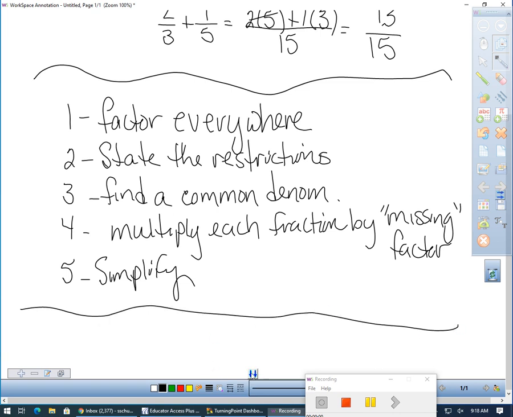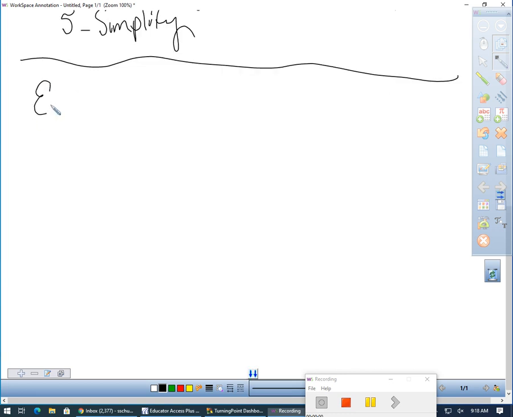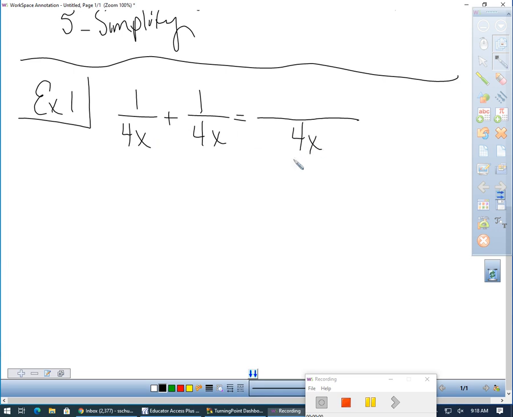Here we go. We're going to start off with a really, really easy example. Here's example number 1. On example number 1, we have 1 over 4x plus 1 over 4x. We just happen to have a common denominator already. So 4x is our common denominator.